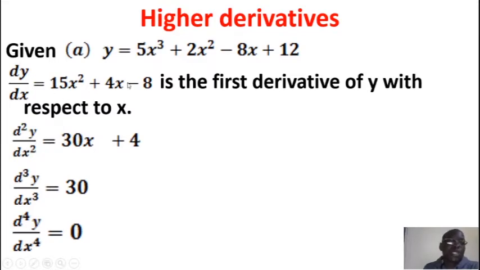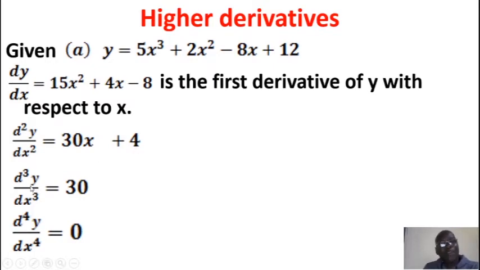It simply means differentiate this. If we differentiate this again, we get this, which means the third derivative of y with respect to x. Following the first principle, the derivative of 4 will automatically be 0 because it is a constant, as you already know.